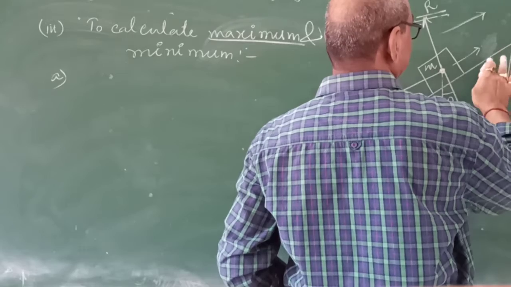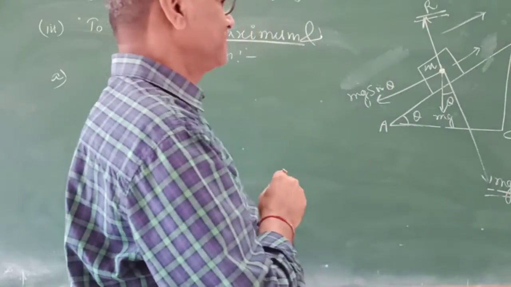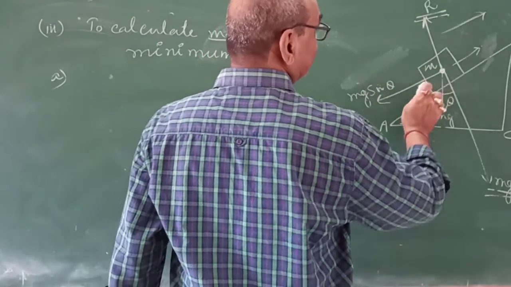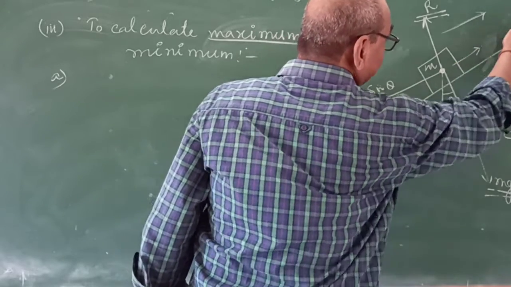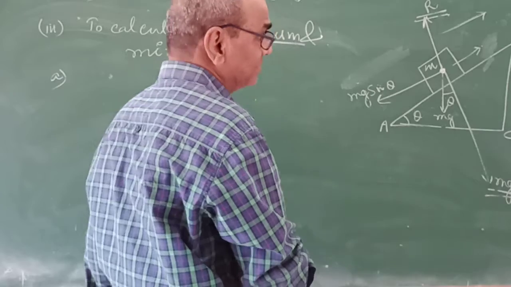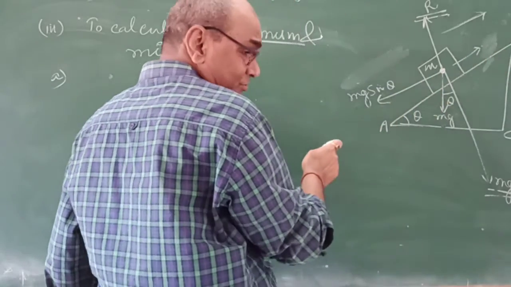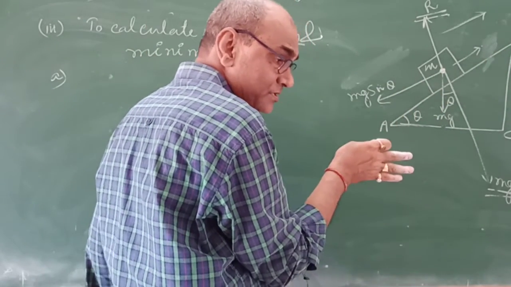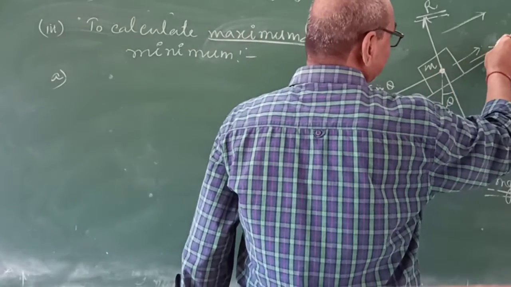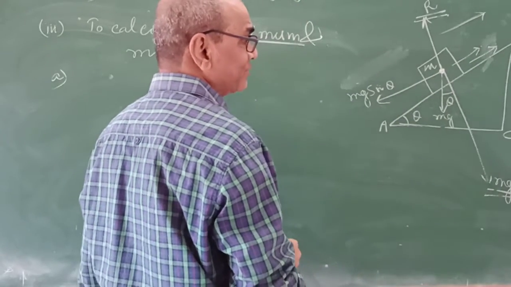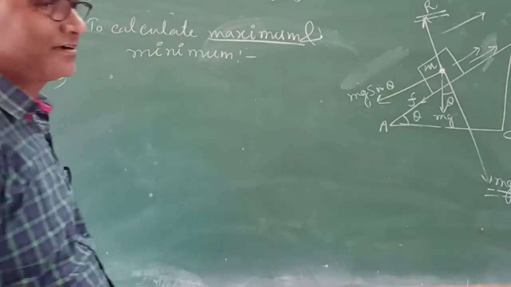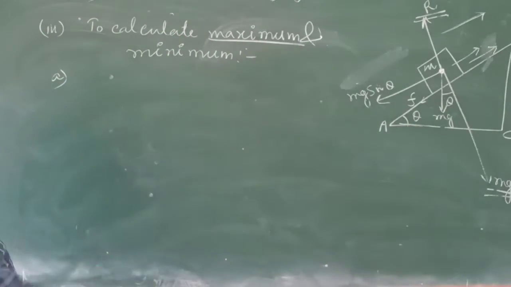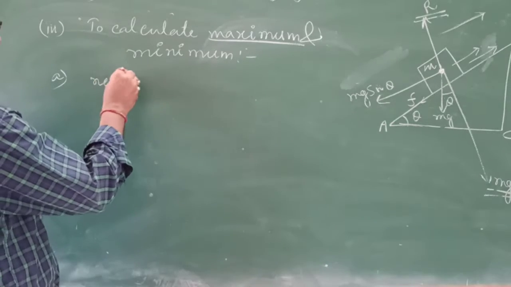So when the block is moving from A to B, you require maximum force. When block is moving B to A, you require minimum force. So for the maximum force, block is moving in the upward direction, the force of friction comes into play in the downward direction.